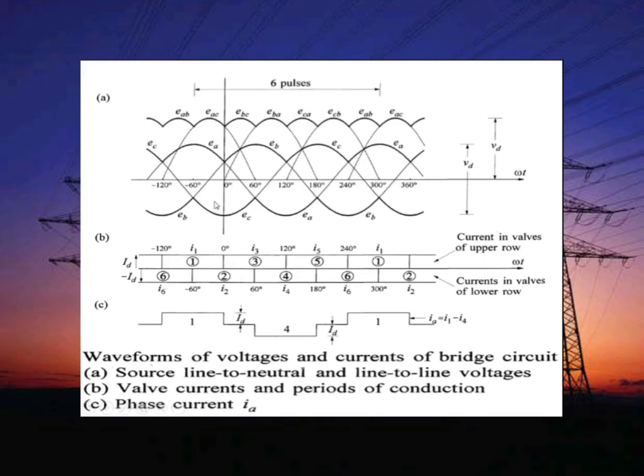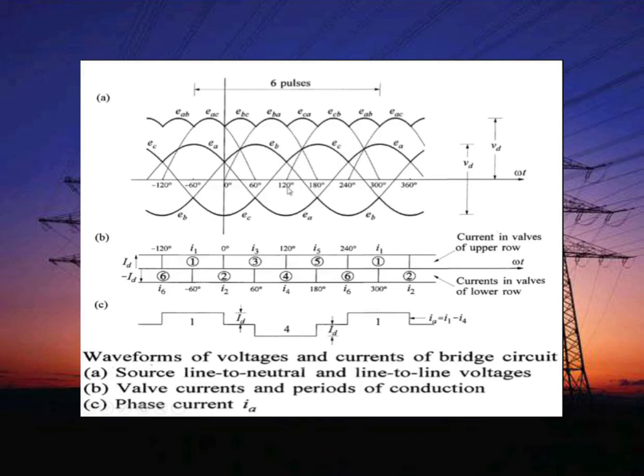Just after omega t equal to 0, EB becomes more positive than EA, and valve 3 fires while valve 1 goes to zero, because its cathode is now at a higher potential than its anode. So at this point, when the voltage of phase B is more positive, valve 3 starts conducting.